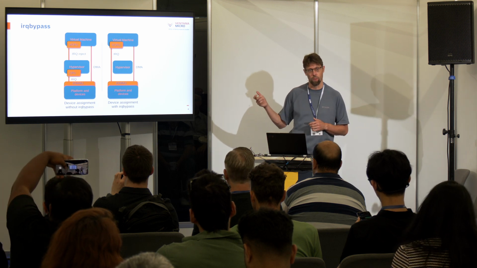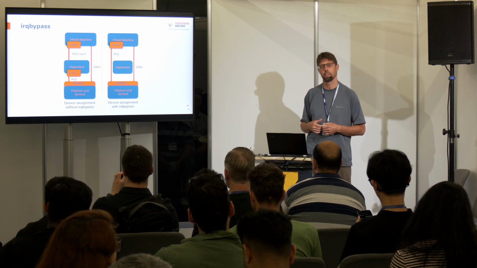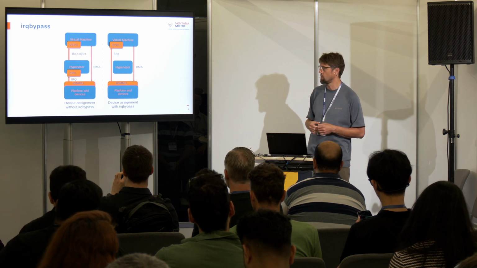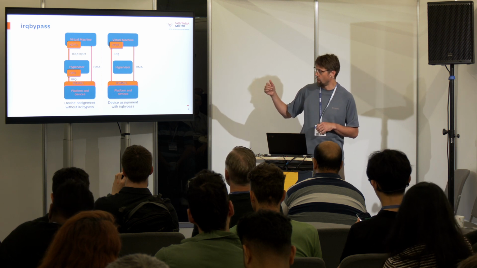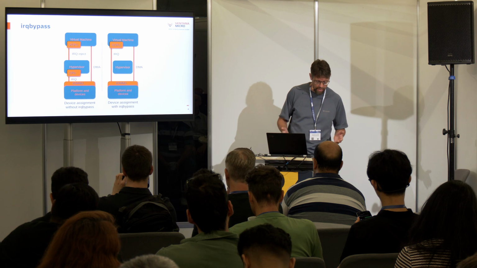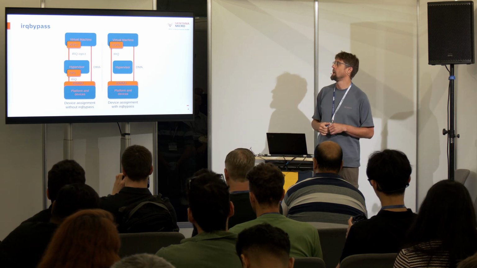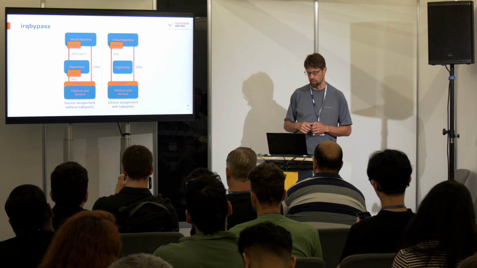Whereas, if the hardware supports it, and the RISC-V IOMMU and RISC-V AIA specifications have made sure to support this, we can actually do irqbypass, where the device can be programmed to write to its guest interrupt controller, and it will actually go directly into a VCPU without the hypervisor being involved.